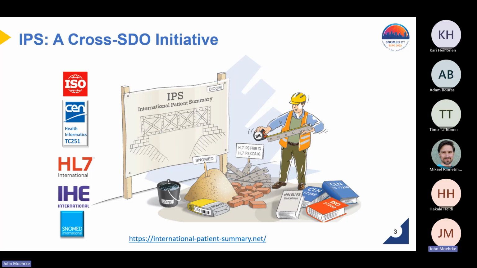SNOMED provides the free terminology set for the use cases, and then IHE supplies the profiles designed for further addressing implementations like transport, like moving it from one place to another, the security, the privacy, the ways to protect it, and then further rigorous testing at connectathons.